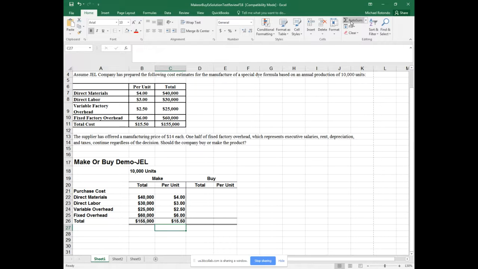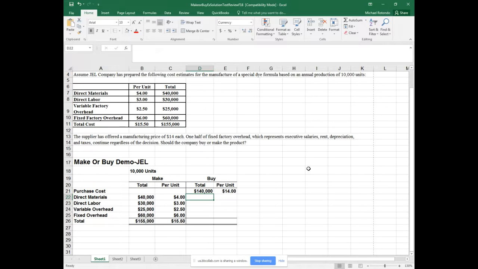So now we have to look at what are the costs if we buy it. Well, getting back to the purchase cost, we said we would be buying at $14 per unit. And if we stay with the 10,000 units, that's going to be $140,000.